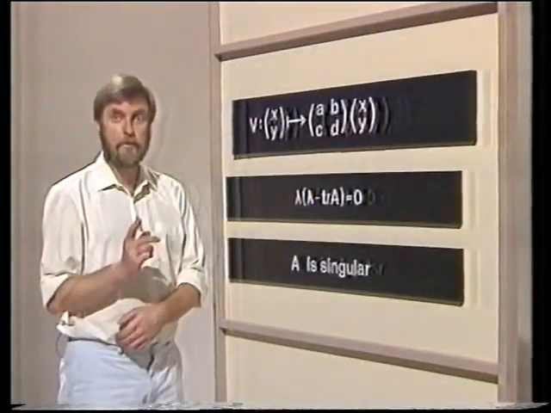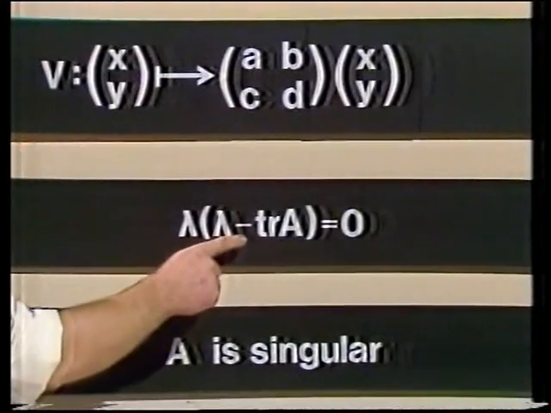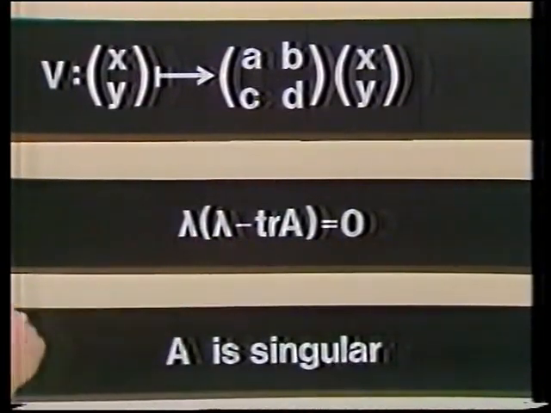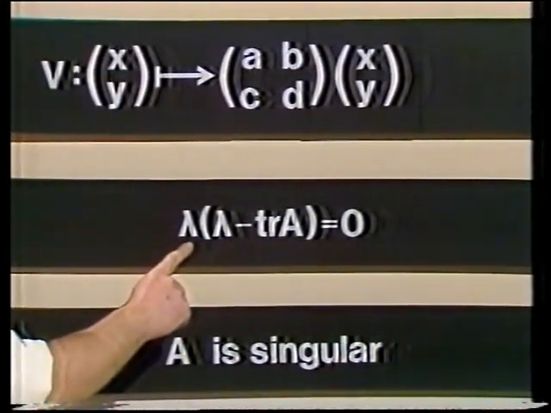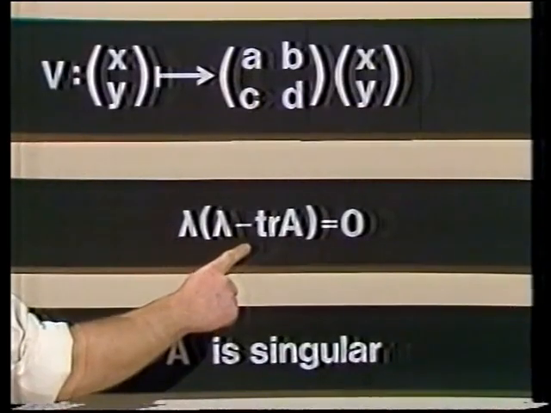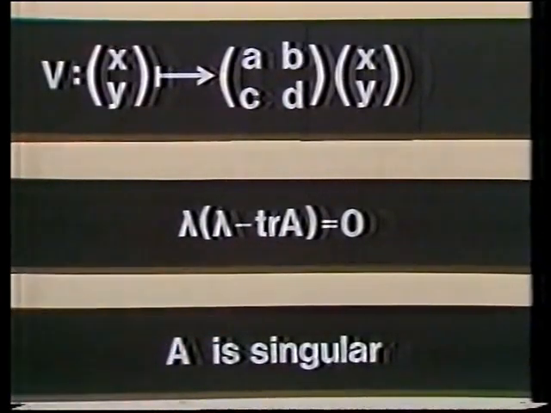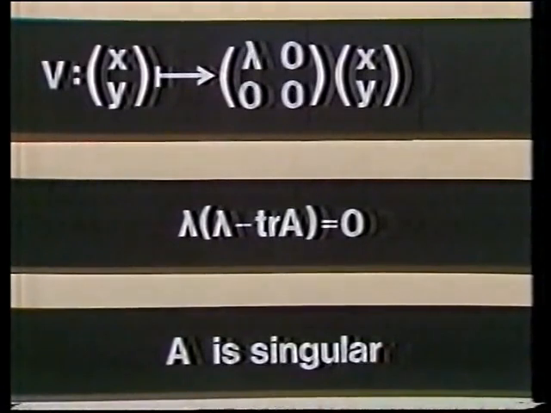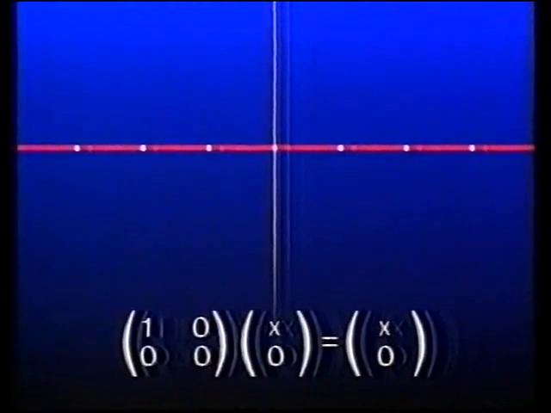Okay, but what if A is still singular, but its trace is non-zero? Well, lambda equals 0 is still a solution of the eigenvalue equation, but this time lambda equals trace A is a different solution. The simplest matrix which behaves like this is lambda, 0, 0, 0. We're going to look at the case where lambda equals 1. For points on the x-axis, the flow is radially outwards.